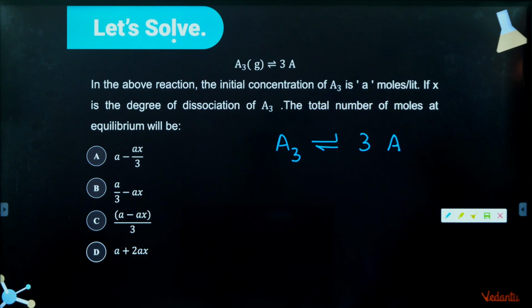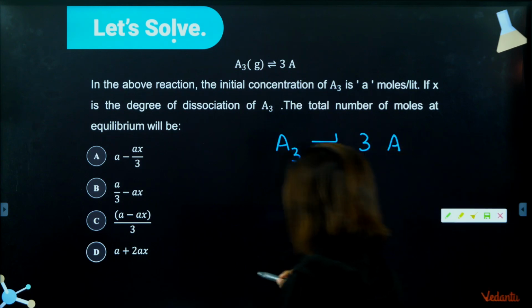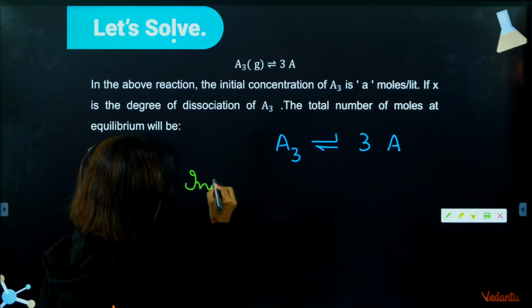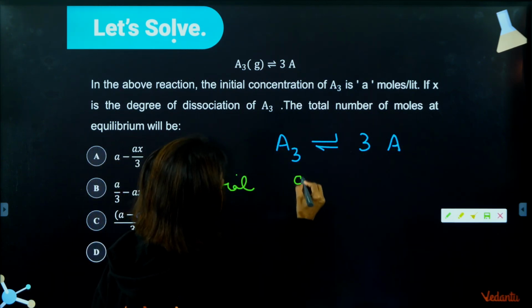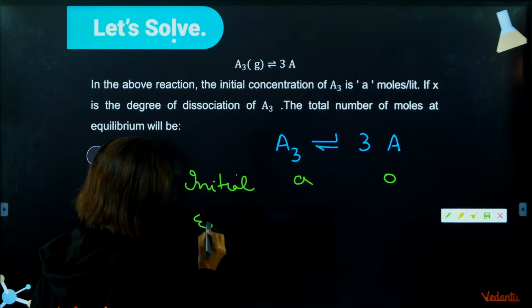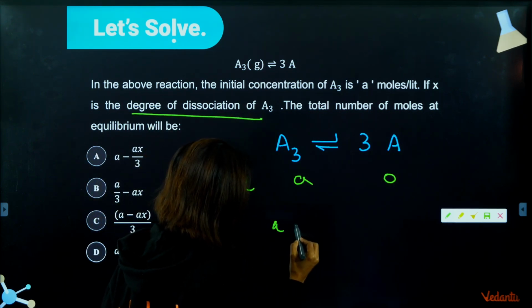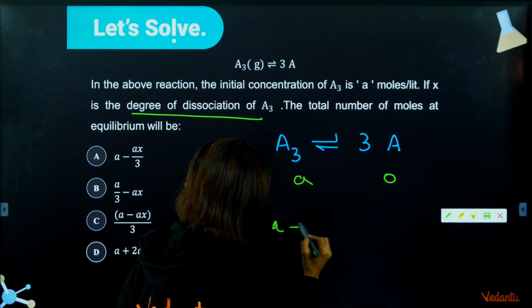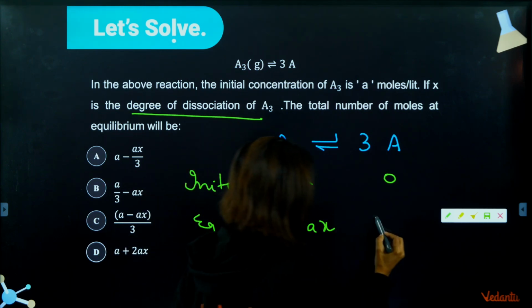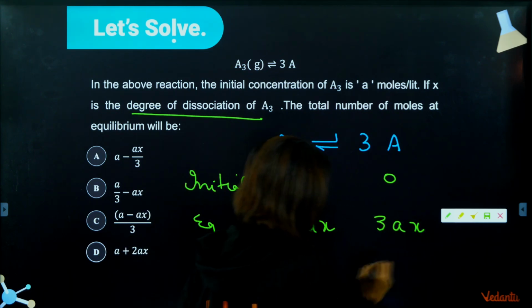This is what is given. Initial concentration is A. So let me write initial. This is A. At equilibrium, X is the degree of dissociation. So A minus AX, and this is 3AX at equilibrium, right?